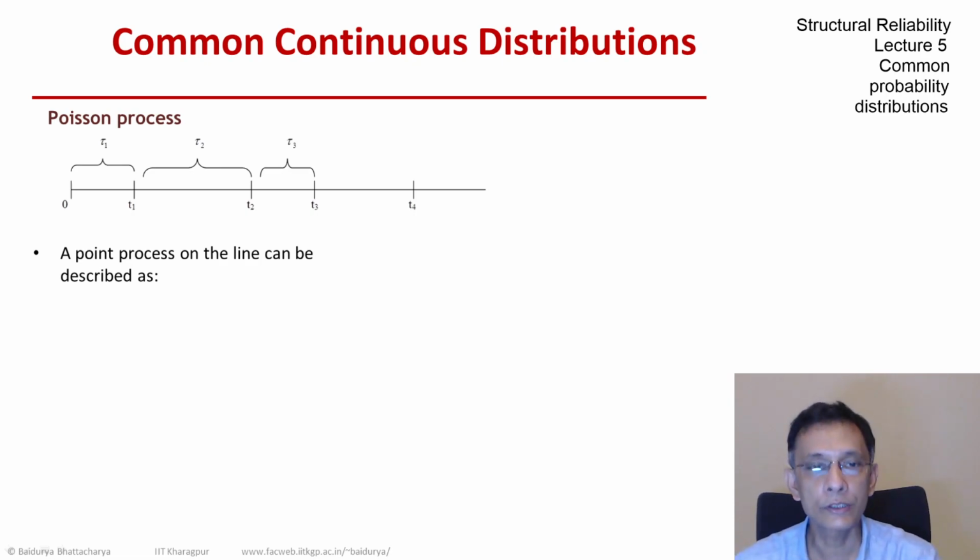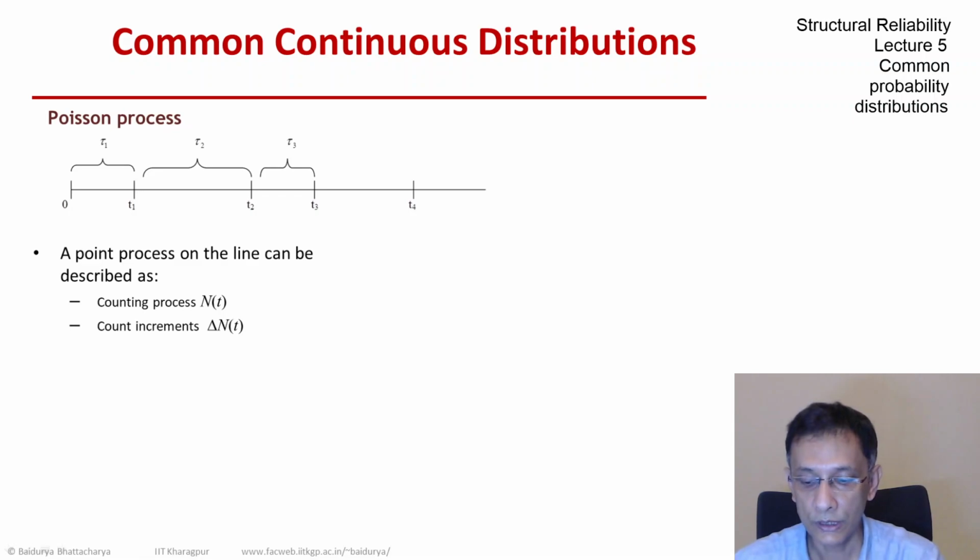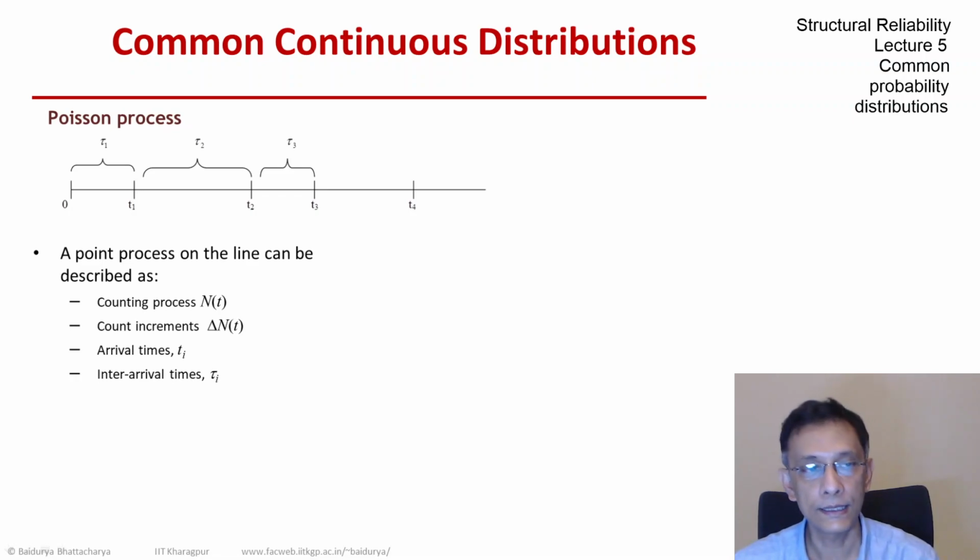A point process is basically the occurrence of random points, and it can be described in any one of 4 equivalent ways: the counting process, the number of points up to the time t, the increments of the counts over an interval, the arrival times of the points, the occurrence times, or equivalently, the inter-arrival times.